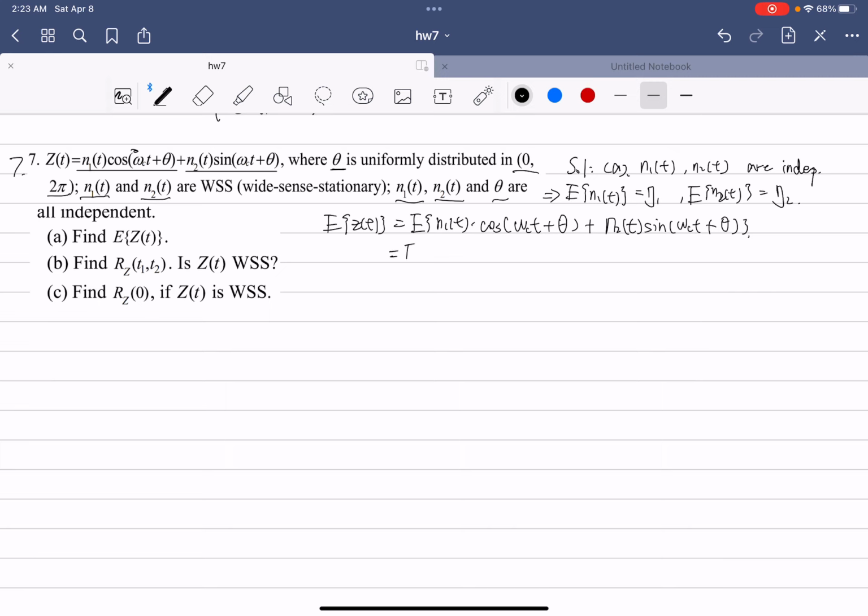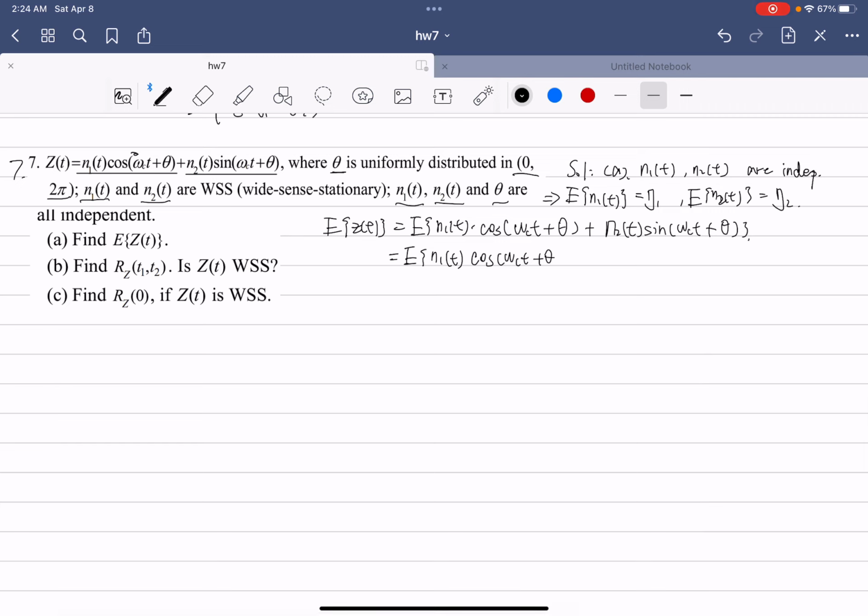That is the mean of the first part plus the mean of the second part. Sorry, theta is inside the mean function.